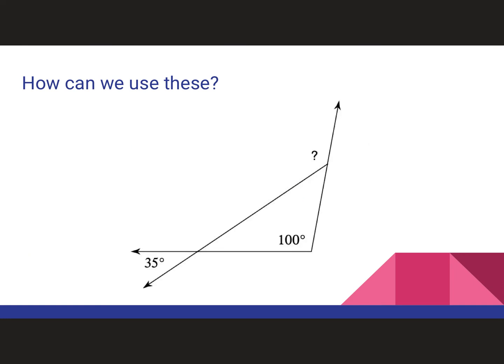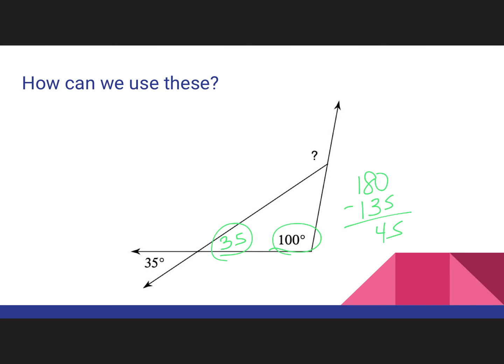So let's keep going. In this case, notice here, I've only got one angle. But what do I have here? These are vertical angles. That means if this angle is 35, so is this angle. So I can know that this one is 35. So now I know I have an angle that's 100. I have an angle that's 35. So 180 minus 135 gives me 45.